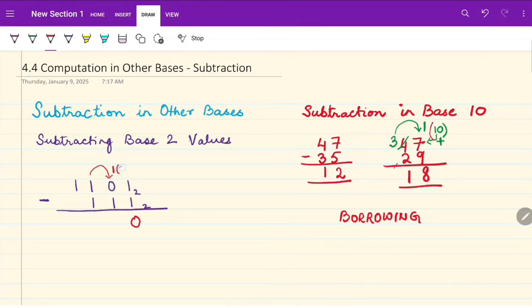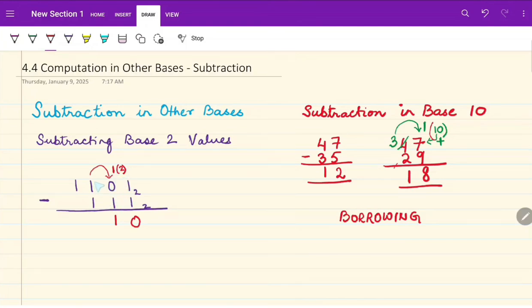So that bundle has 2 pieces in it, correct? So we do 2 minus 1, all right, which gives us a 1. So you are unbundling and then performing the subtraction. Do not do 1 minus 1. You unbundle. In base 2, you will get 2 pieces out of a bundle and then perform the subtraction.